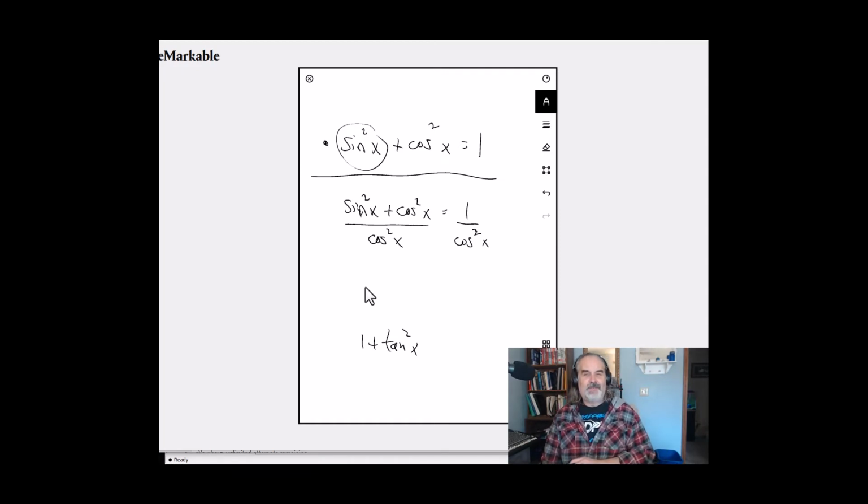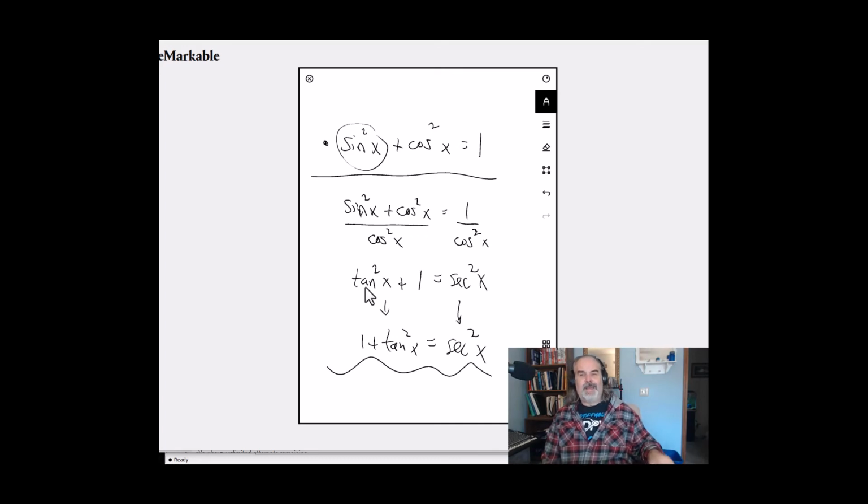We are allowed to divide the left side by cosine squared as long as we do it to both sides. And now, remember, this cosine squared is dividing both the sine squared and this cosine squared. So sine squared over cosine squared is tangent squared. Cosine squared over cosine squared is 1. And over here, 1 over cosine squared is secant squared x. And ta-da!